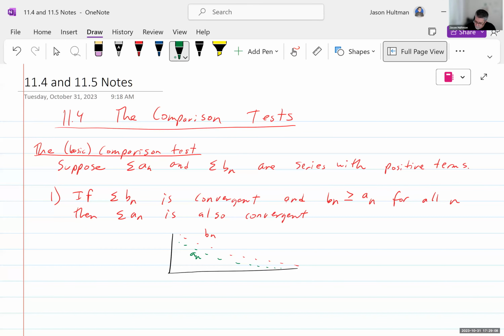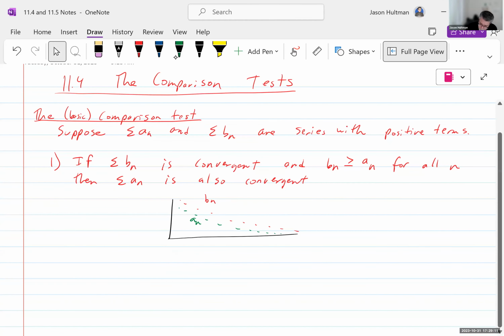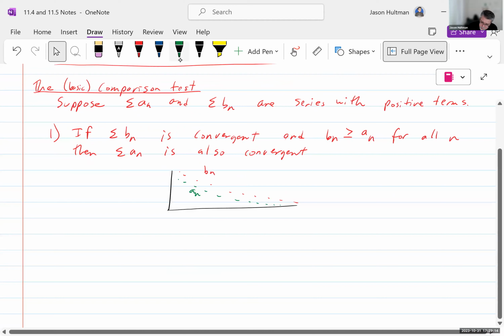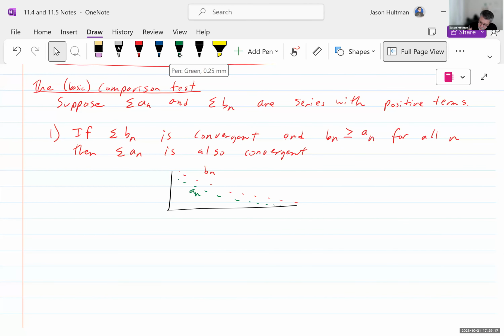Okay, so number 2. I don't know if I like that picture or not. Whatever. Okay, number 2 here. Okay, if a sub n is divergent, okay, this time.